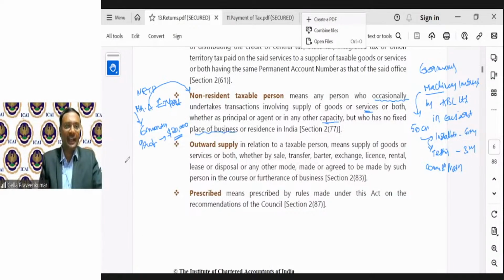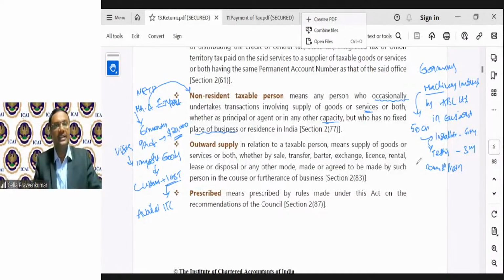When A visits India, he can import goods along with him. When he imports goods, he pays customs duty plus IGST. This IGST can be availed as ITC for giving services to this particular entity. These are the basic provisions connected with NRTP.